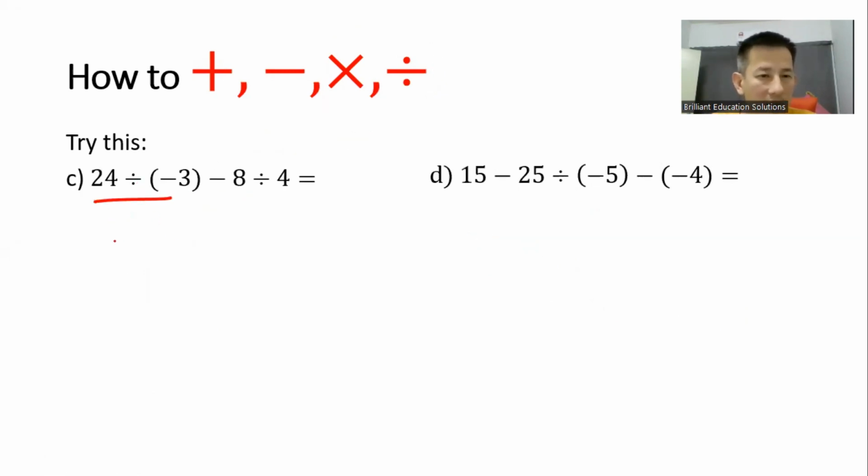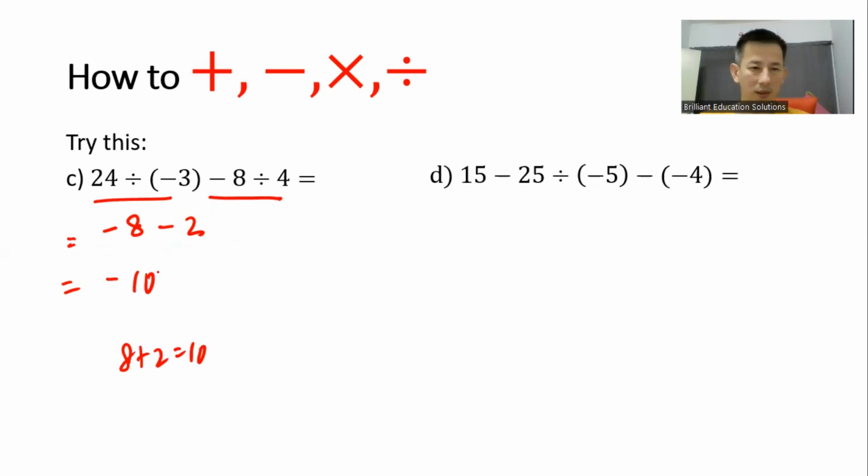So divide first: 24 divided by negative 3 will give negative 8. Negative 4 divided by 4 is negative 2. So your answer, same sign, 8 plus 2 equals 10. The sign is negative.